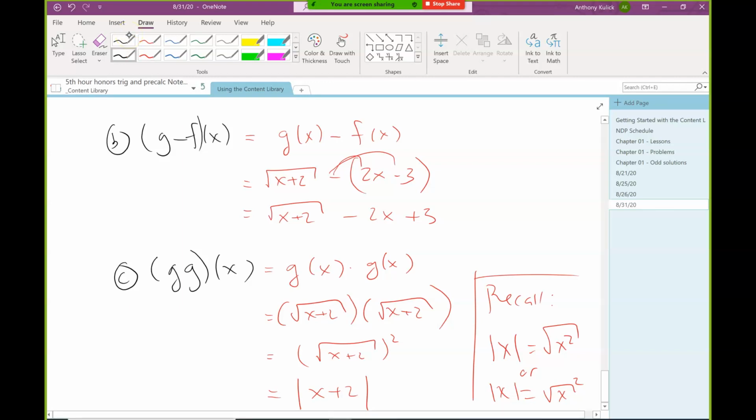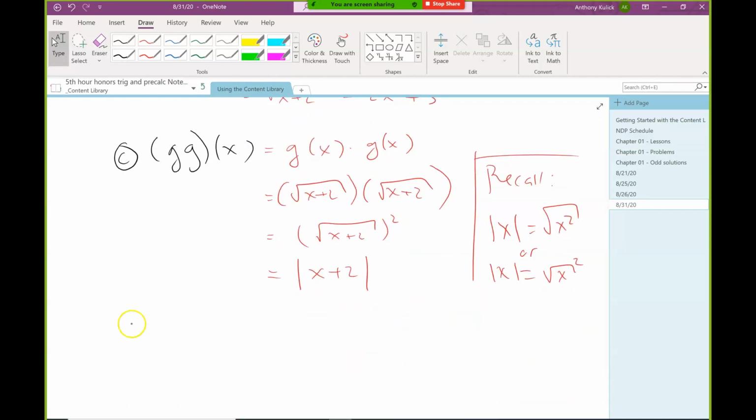Again, not surprising that at 8 o'clock in the morning, after a year away from doing this kind of math, that you forgot that kind of thing. This is part of the reason why we're doing these things as reviews. Not only does it help us review the particular skill of multiplying two functions together, but it gives me an opportunity to remind us of some of these other things that are easy to forget about, right?